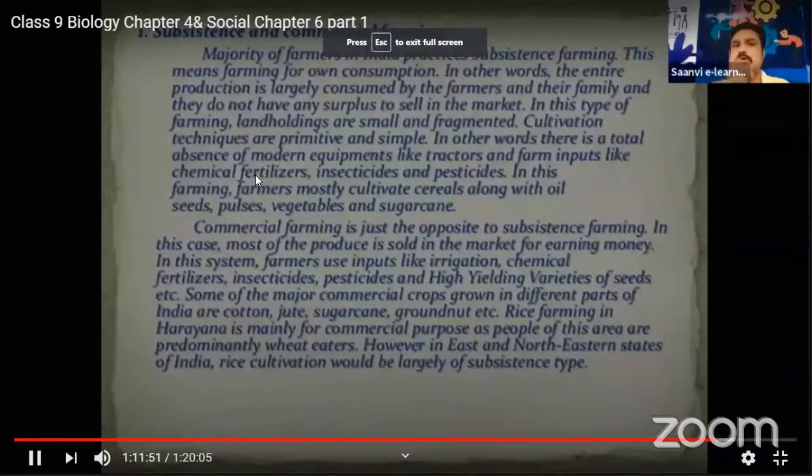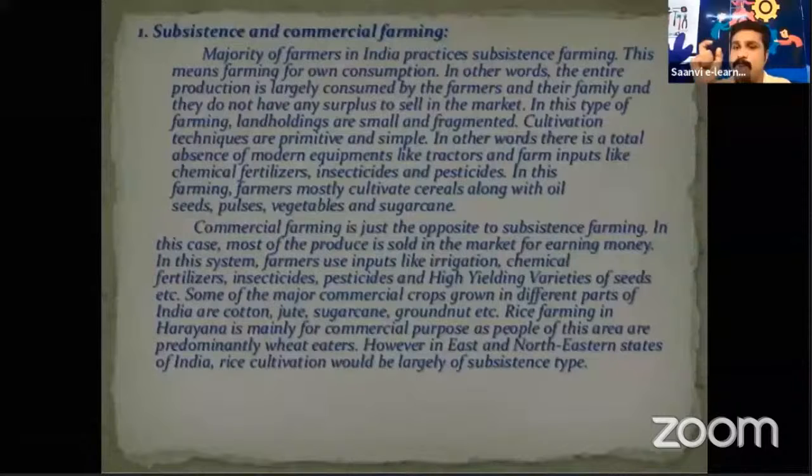Commercial, profit oriented. Commercial farming is always profit oriented. Their main aim is to get good profit, good income. In this system, farmers use inputs like irrigation, borewell irrigation maybe, chemical fertilizers, insecticides, pesticides, and high yield varieties of seeds, etc. That is the importance here.